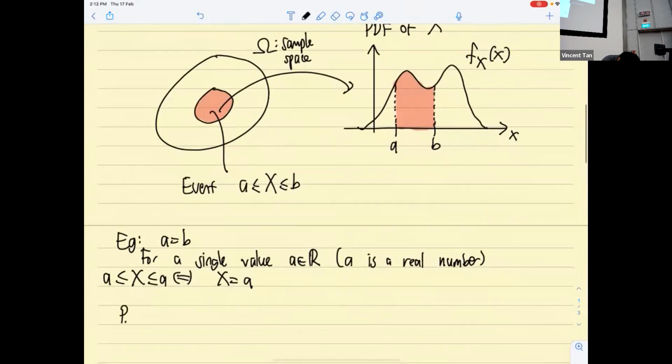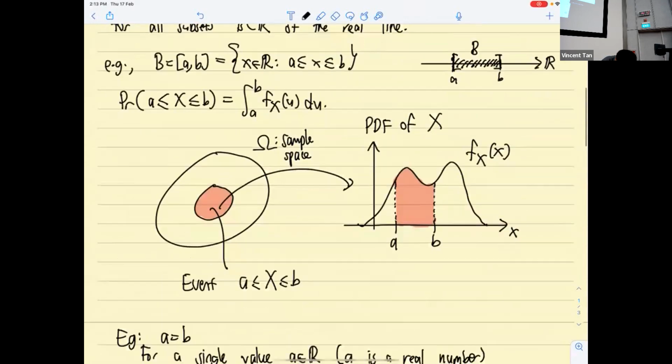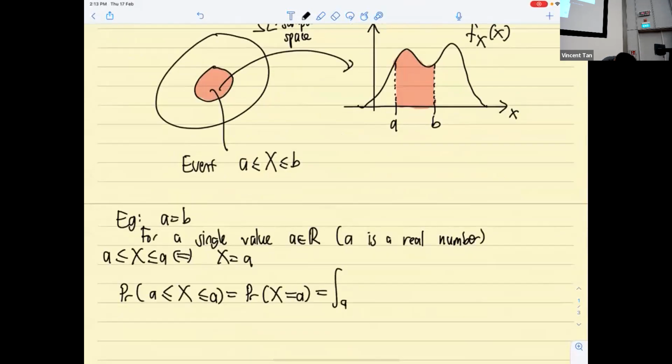The probability that X is between A and A, which is the probability that X is exactly equal to A, is nothing but the integral from A to A of f_X(u) du. And hopefully you know that if the limits here are the same, then this is equal to 0.